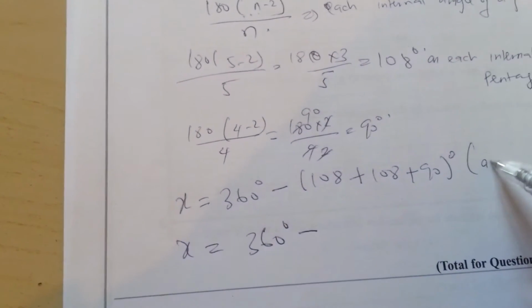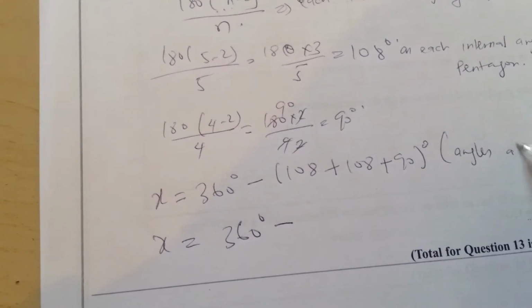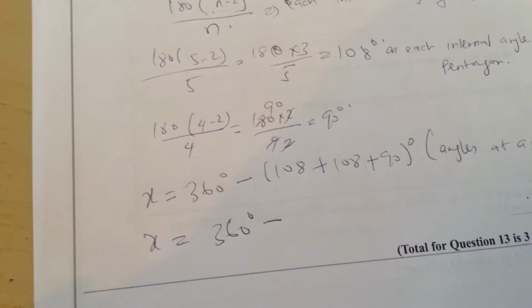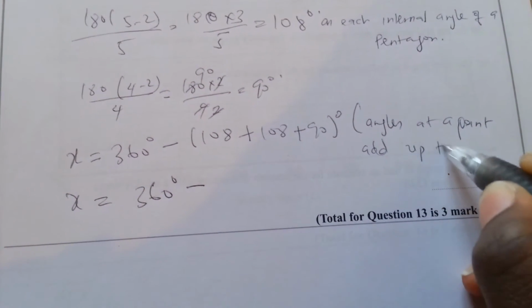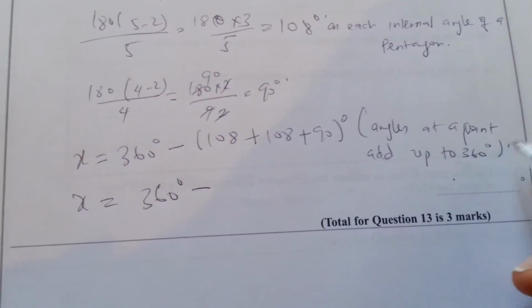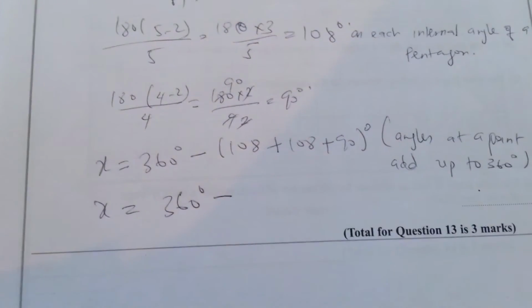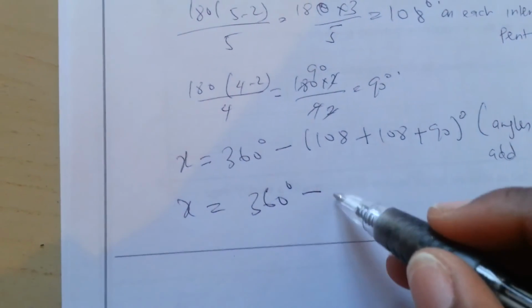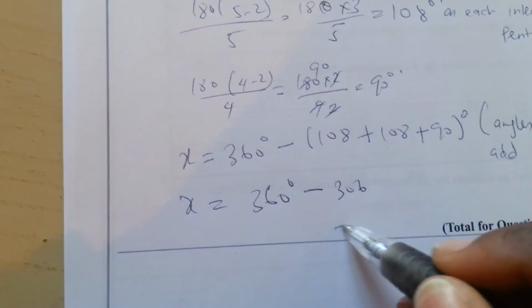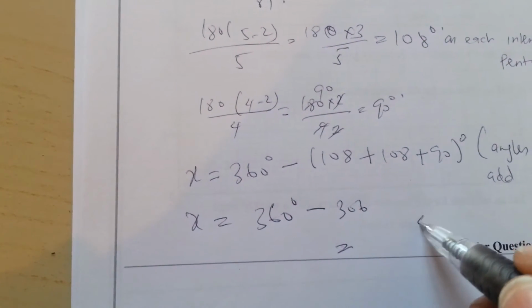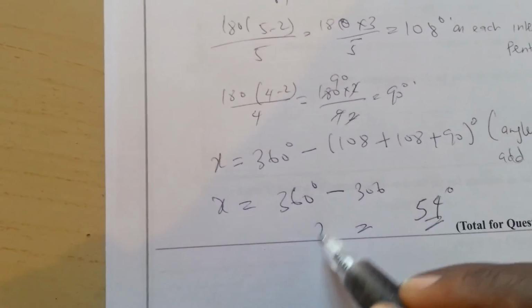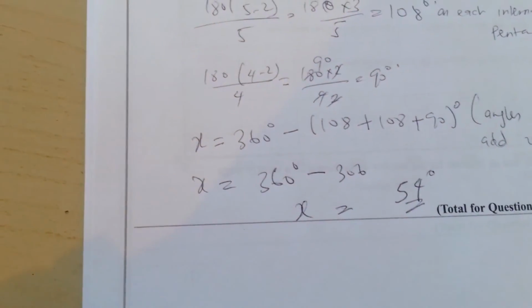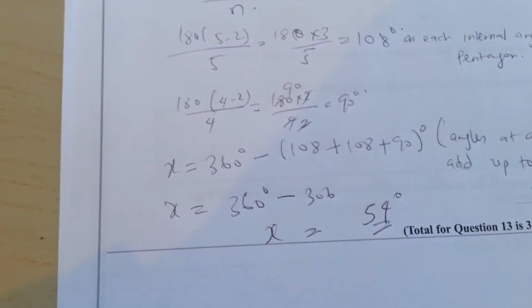The reason here is angles at a point add up to 360 degrees. 360 minus 306, so you're going to have 54 degrees. So x will be 54 degrees. Okay, it's basically that.